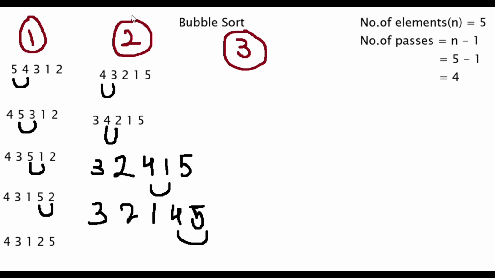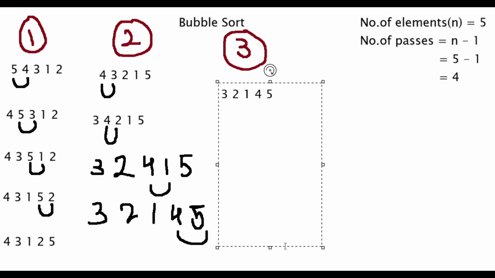What are the elements we got in the final array of the previous pass? Those are 3, 2, 1, 4 and 5. Obviously first 3 and 2 will be compared, so 2 will come. It will take time to draw, guys, hope you understand, and I will explain again, no problem.